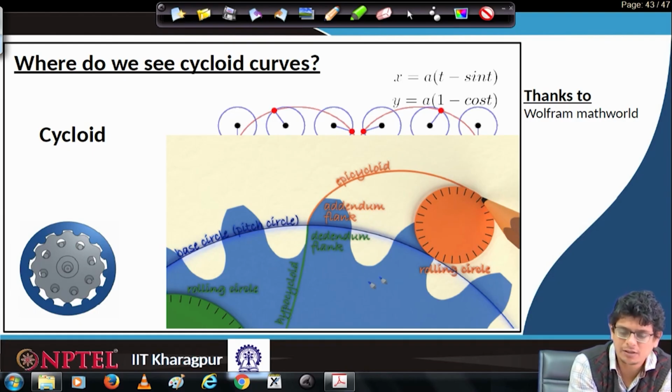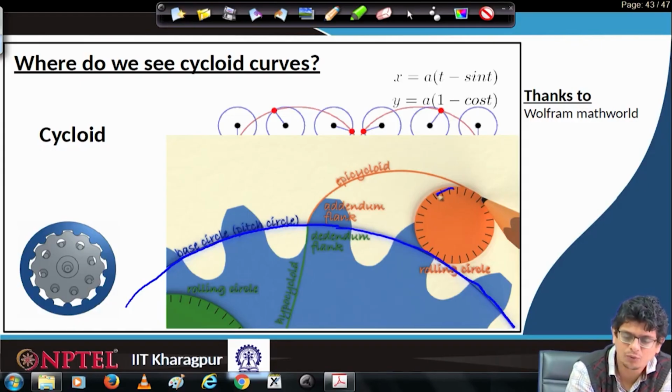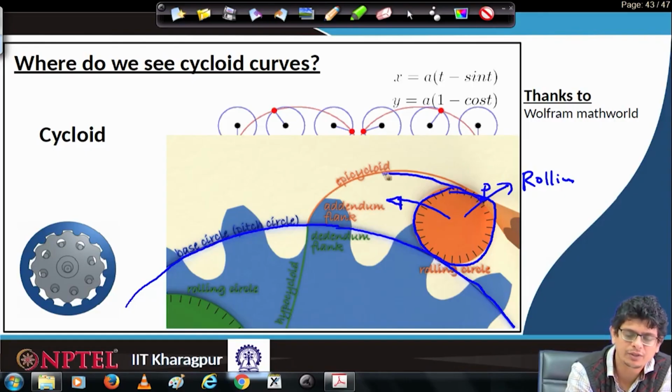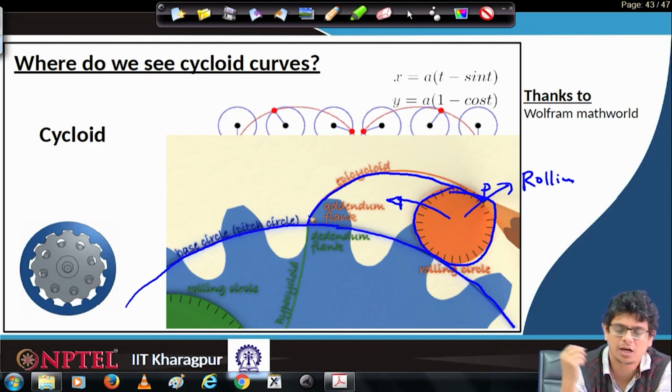For example, on this base circle, let us consider one more circle, this orange one, which is rolling. If this one is rolling in this direction, let us pick this point, the point P. The curve along which it forms or tracks is what we call cycloid.